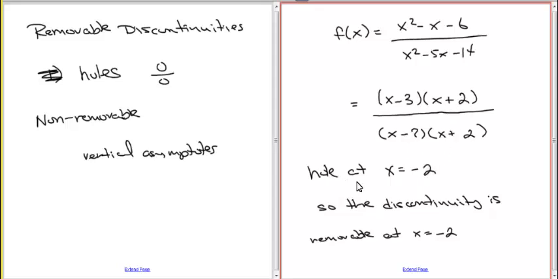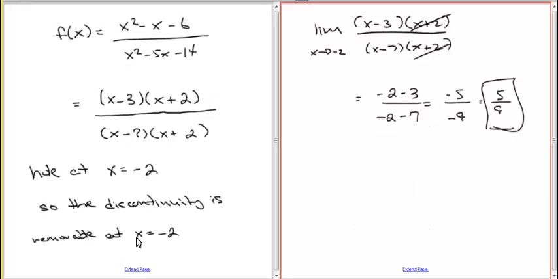That's what we call a hole. So the removable discontinuity is here at x equals negative 2, whereas the non-removable discontinuity is where the denominator goes to 0 without the numerator going to 0. You have a vertical asymptote.